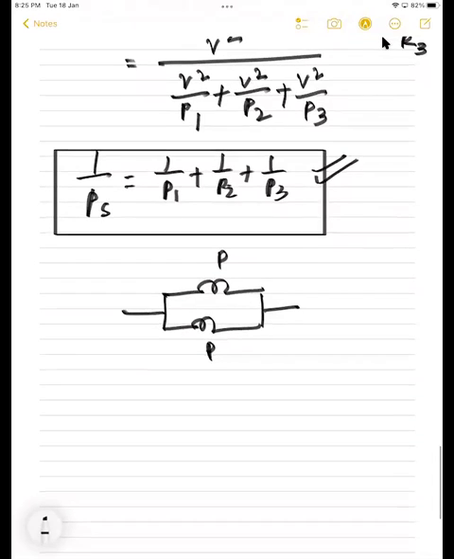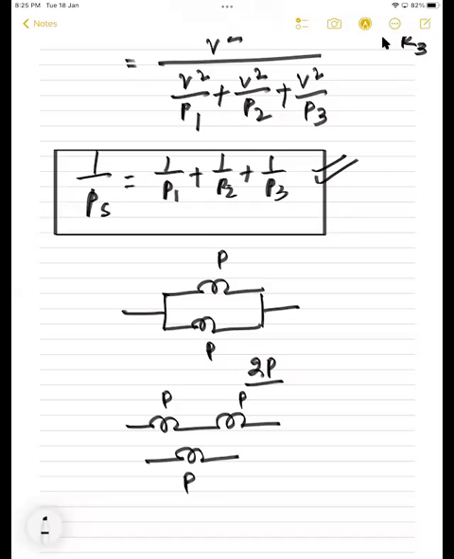What is the equivalent power? Simply like resistance, you add power: 2P, right? But if two bulbs are connected in series, what will the equivalent power be? P by 2. Understood, students?